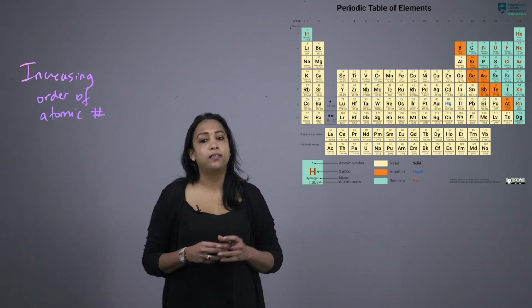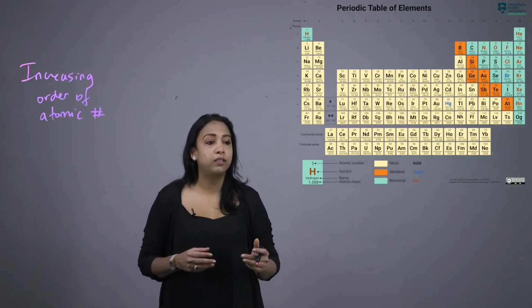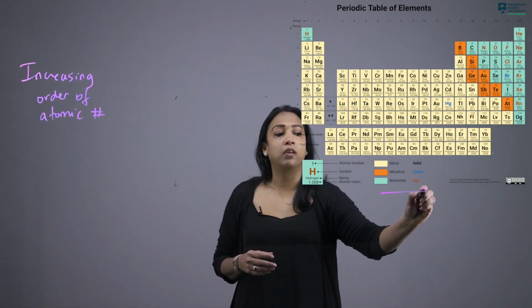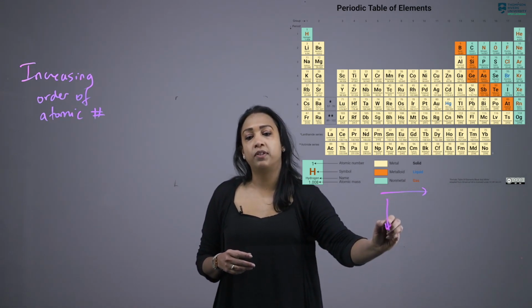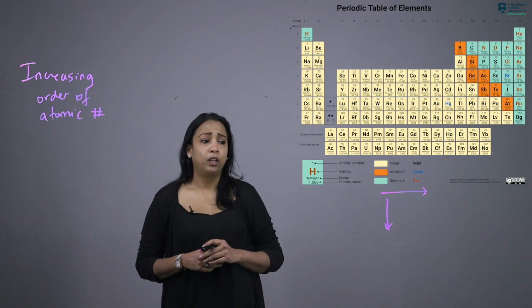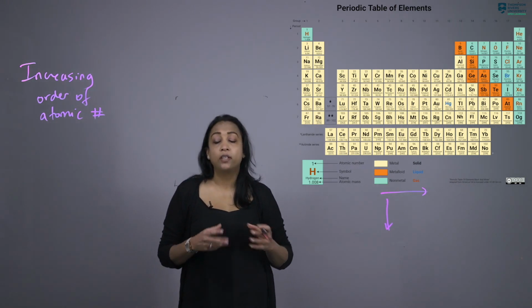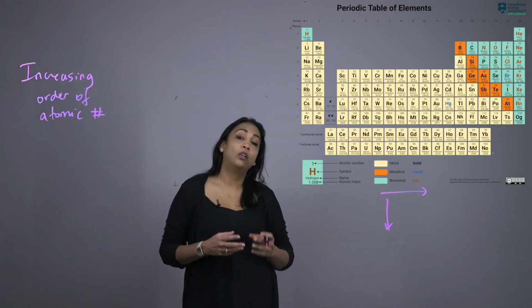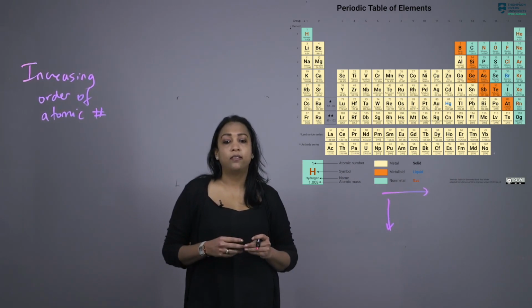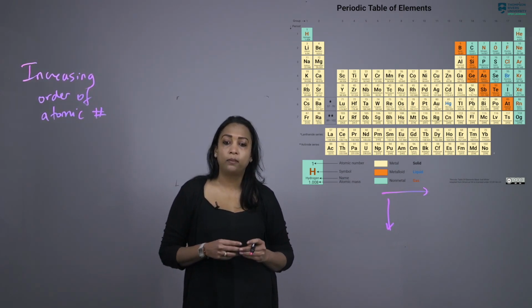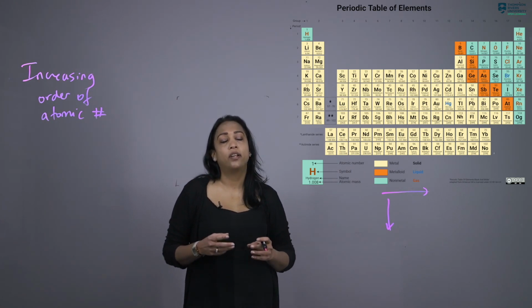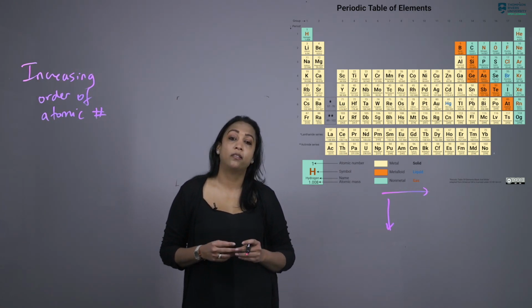Now, the table is seen to be arranged in periods, which are going to be my horizontal rows, as well as in groups, which are going to be my vertical columns. Now, the periodic table is a depiction of periodic law, which says that when elements are arranged in order of their atomic number, an approximate recurrence of their properties is evident.